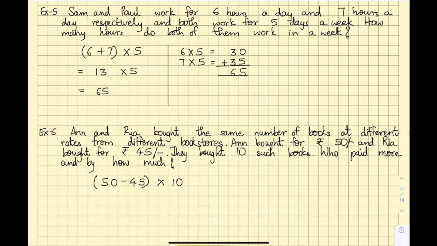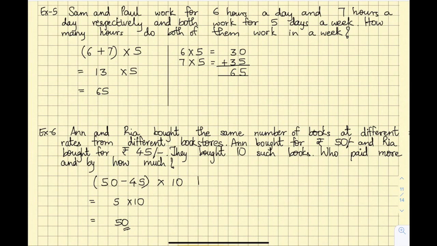So we need to find out the difference. So 50 minus 45 gives 5 multiplied by 10. What we get is 5 multiplied by 10 is 50 rupees is the difference. So 50 rupees was paid more by Anne because she bought it at a higher price.